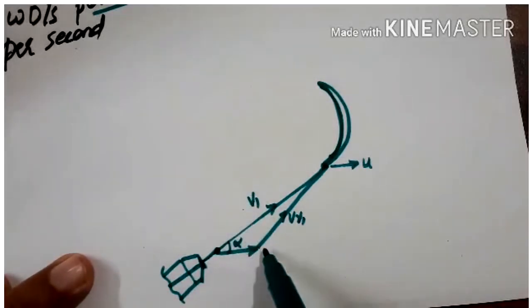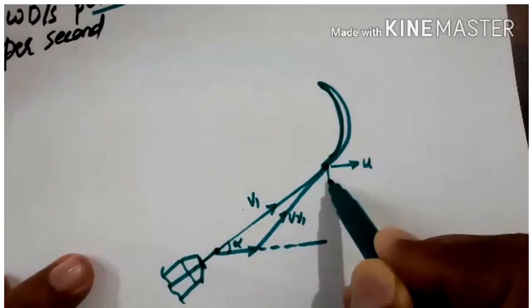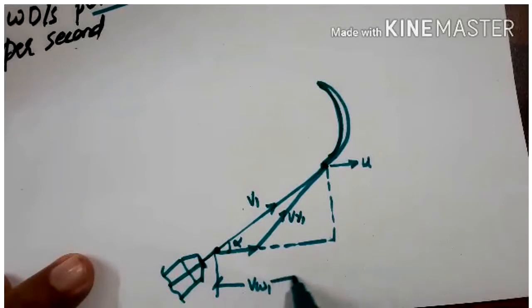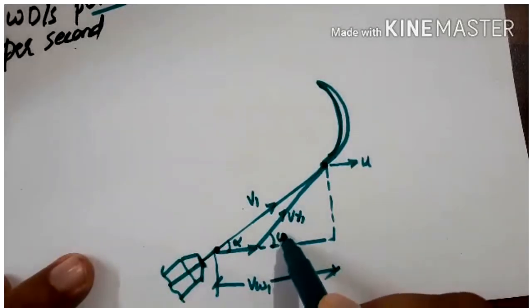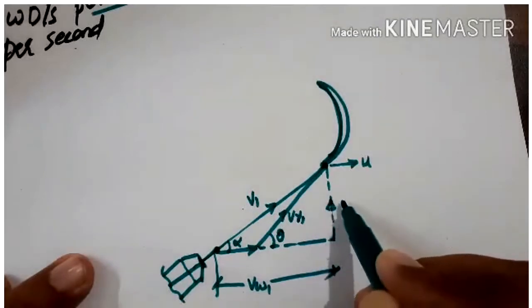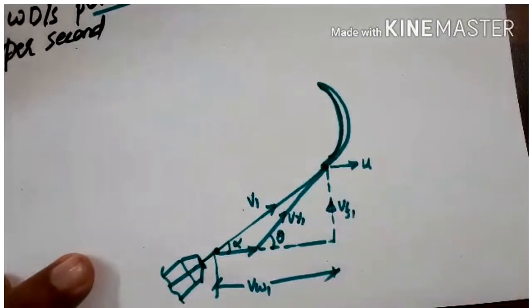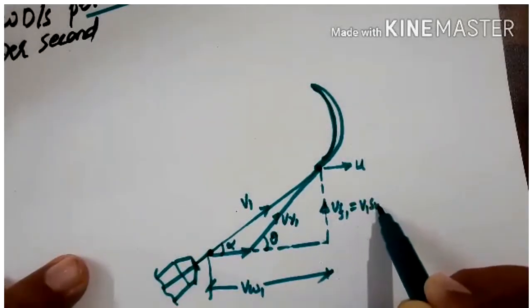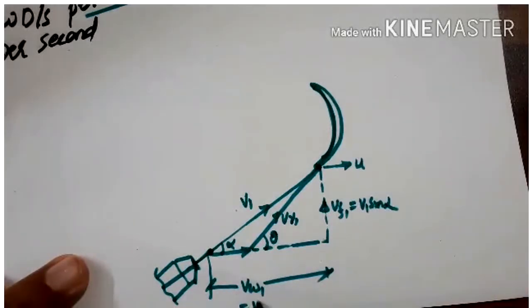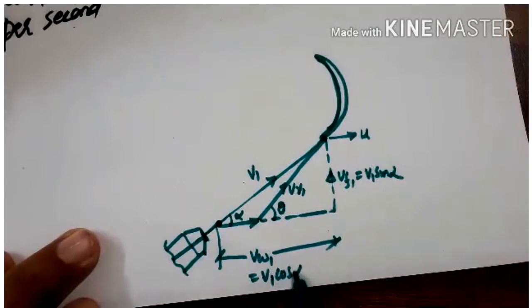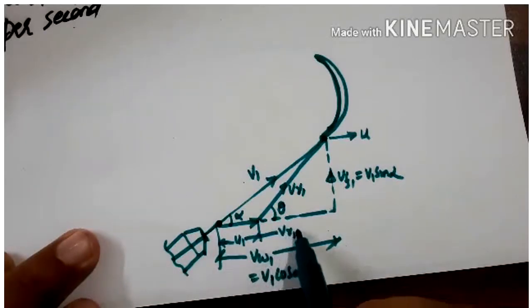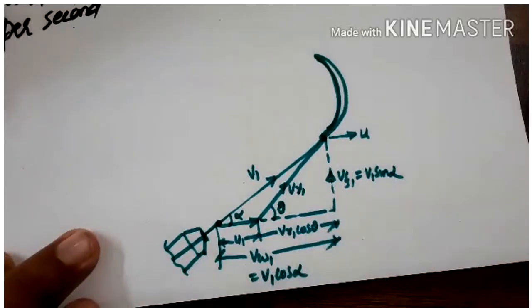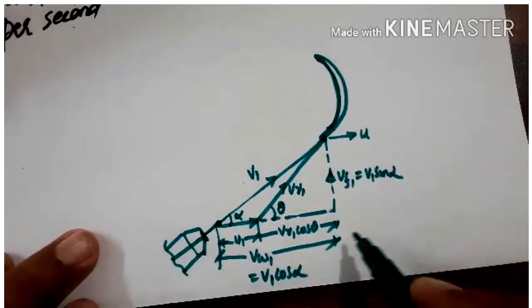Then you resolve V1 and get the horizontal component VW1, making an angle theta. The vertical component VF1, the flow velocity, is V1 sin alpha, and the horizontal component is V1 cos alpha, and up to here this is U1 and this is VR1 cos theta. This is how we construct the velocity triangle at inlet.